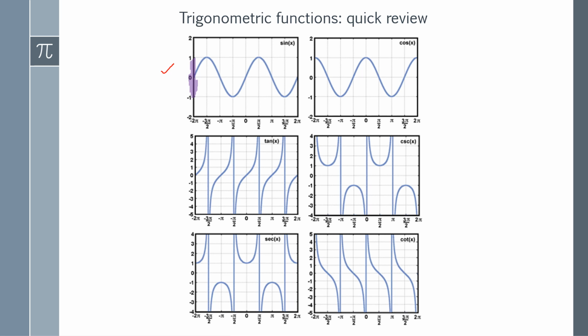Okay, what about tangent? So let's shift our focus to tangent. Tangent is down below, and we can see that tangent is not defined for every value of x. We know that because tangent is sine over cosine. So all the values where cosine is equal to 0, we need to exclude those values from the domain.